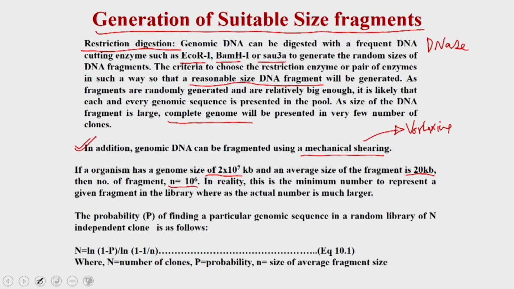In reality this is the minimum number needed to represent the given fragment in the library, whereas the actual number is going to be much larger.